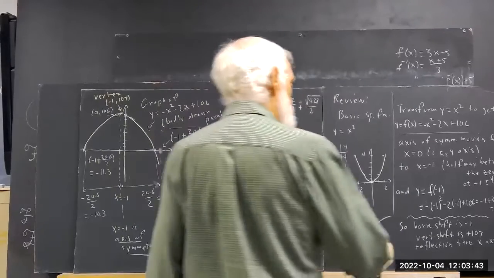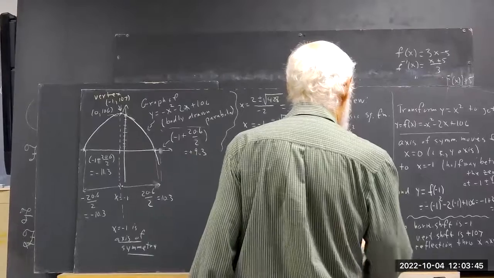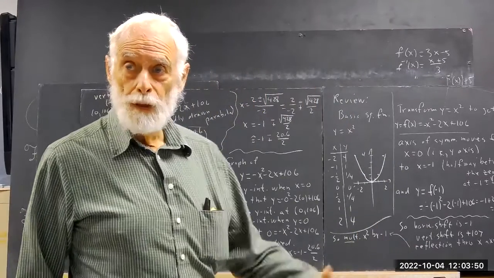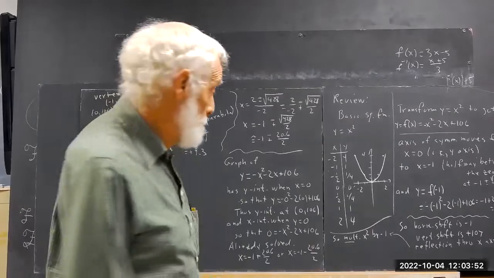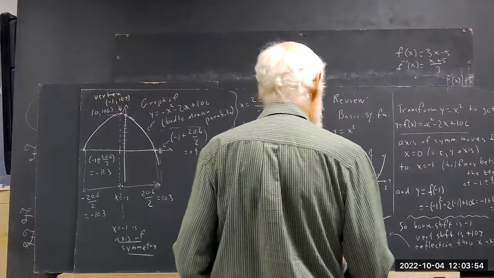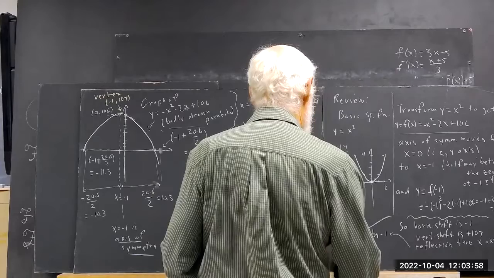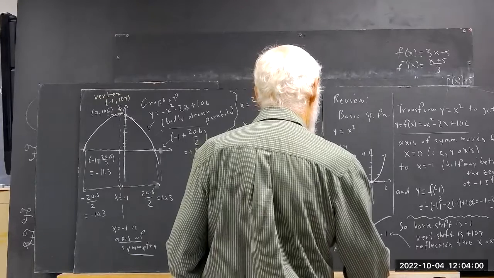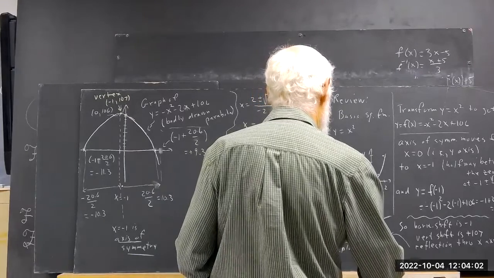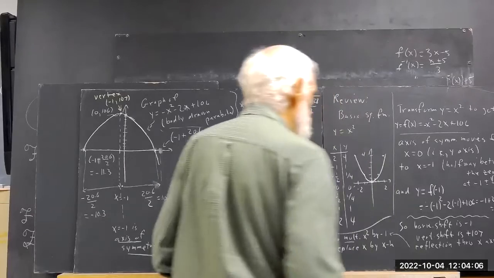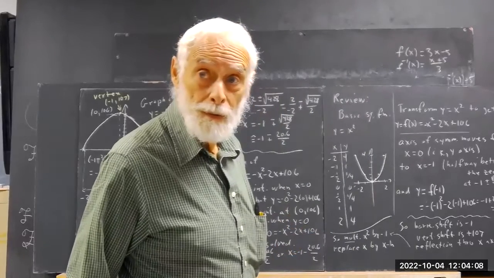That's our reflection. So multiplications, we do first; then horizontal and vertical shifts, which involve additions or subtractions. Horizontal shift: replace x by x minus h.